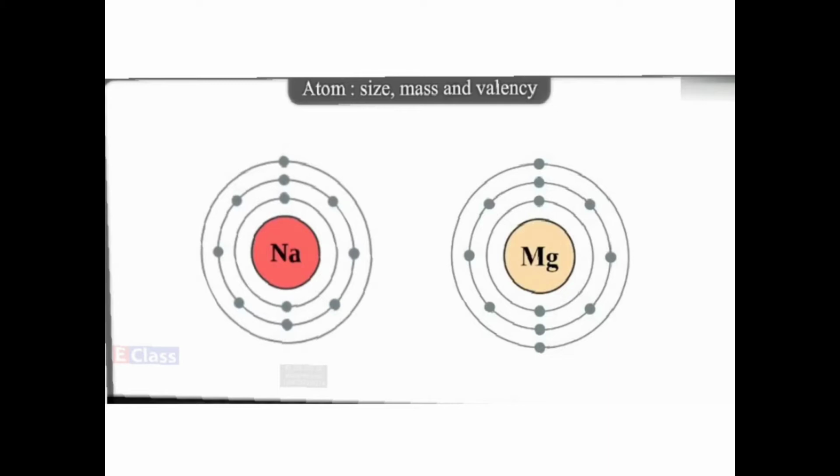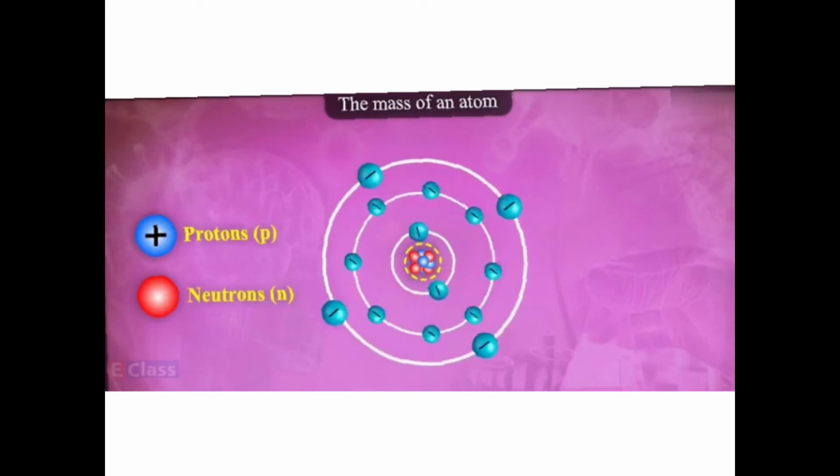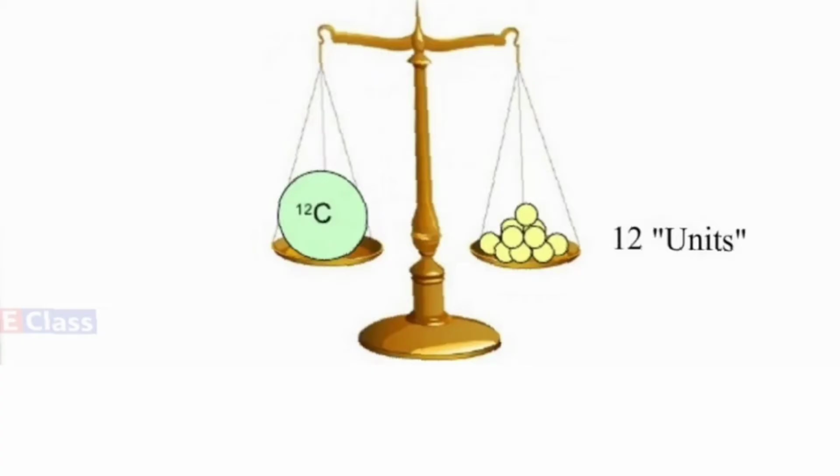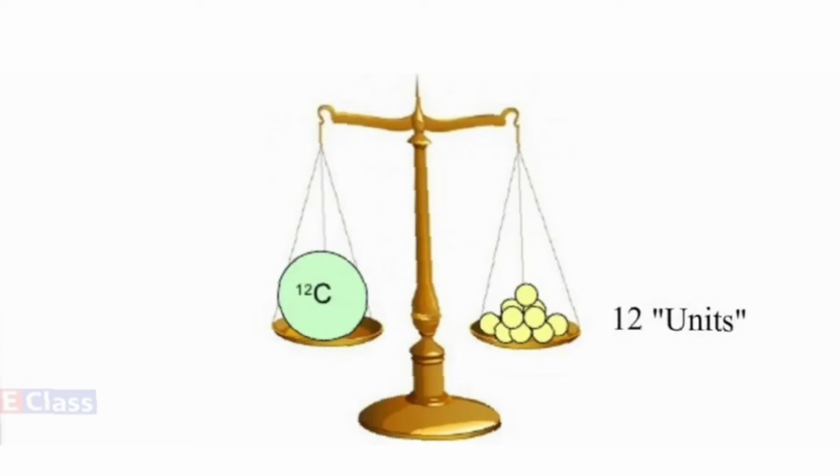What we have done is we have taken the hydrogen atom, as it contains only one proton and no neutron. It being the lightest, we have taken its mass as one unit, right? When we take one carbon atom and keep it in one pan, and keep 12 hydrogen atoms in the other, it will come to balance, the equilibrium.